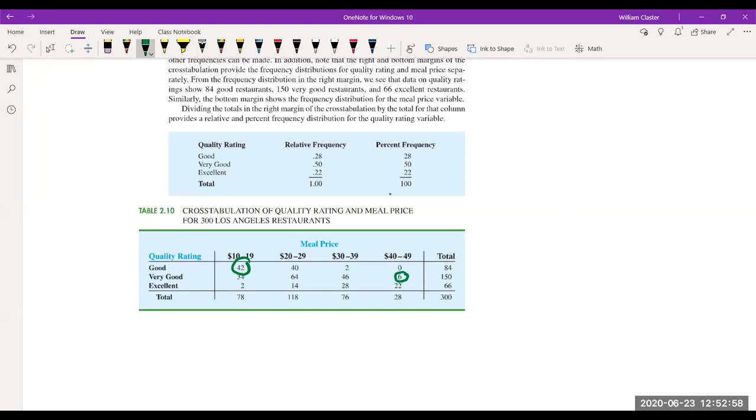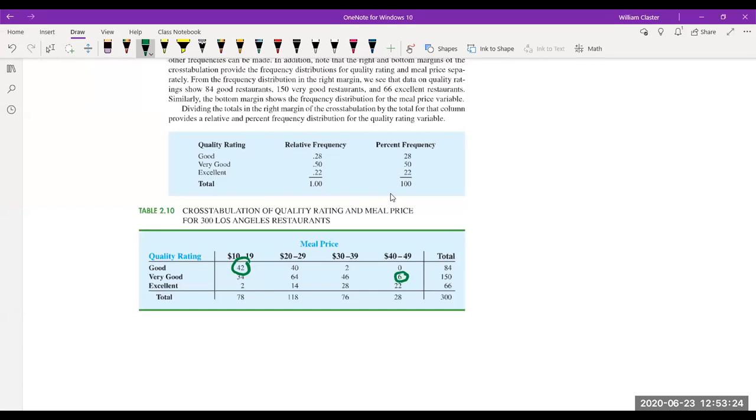Somebody else? Six very good restaurants between $40 and $49. Okay, good. So there were 6 restaurants that had a quality rating of very good, and the meal price was between $40 and $49. Right.